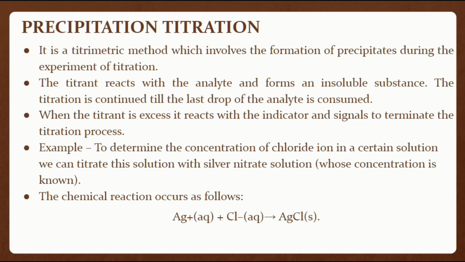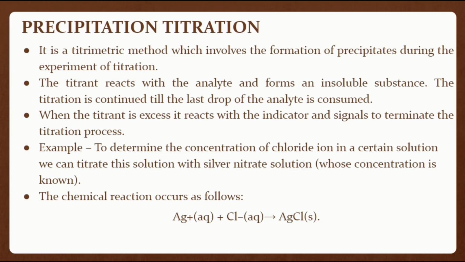An example of a precipitation titration is to determine the concentration of chloride ions in a certain solution. We can titrate the solution with silver nitrate whose concentration is known. The chemical reaction is Ag+ (aq) plus Cl- (aq) to give AgCl, which is a solid.